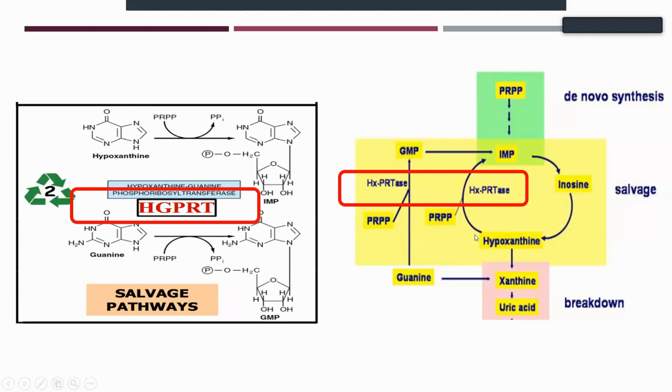That is one problem. Second problem is that we are getting 90% of our purines from the salvage pathway, right? So this GMP and this IMP which we were getting will be insufficient. We are not going to get enough GMP and IMP if there is a problem with this enzyme.